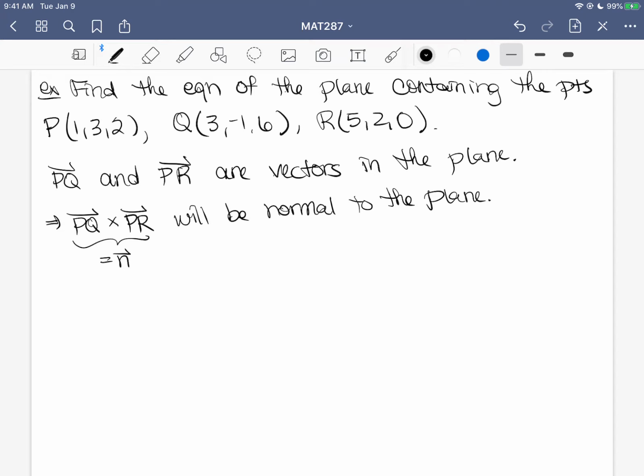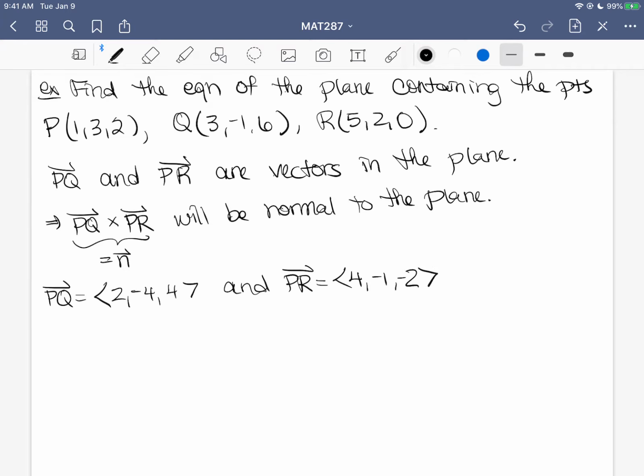All right, so at this point, you should be comfortable with finding these vectors. So PQ is going to be 2, negative 4, 4. And PR is 4, negative 1, negative 2.